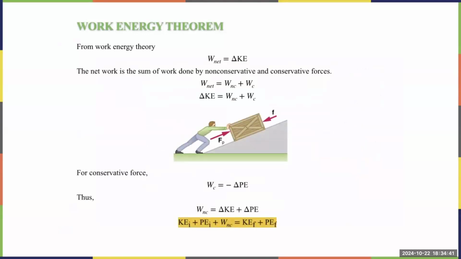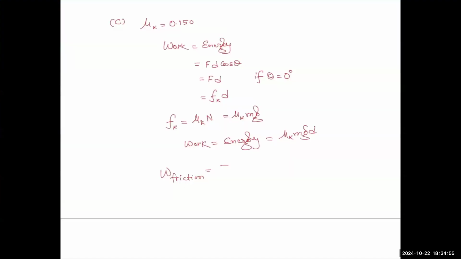So this is a non-conservative force, right? So the total final energy minus the initial energy gives me the work due to the non-conservative force. What is the total final energy?